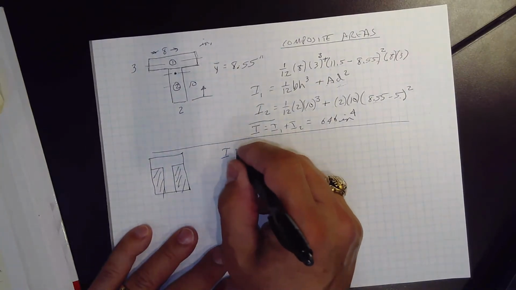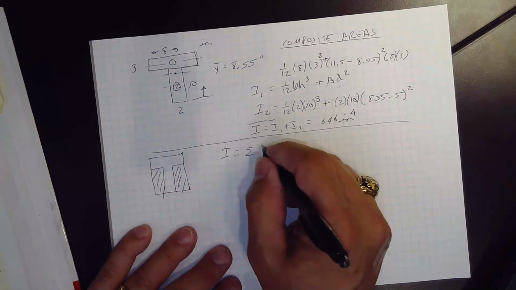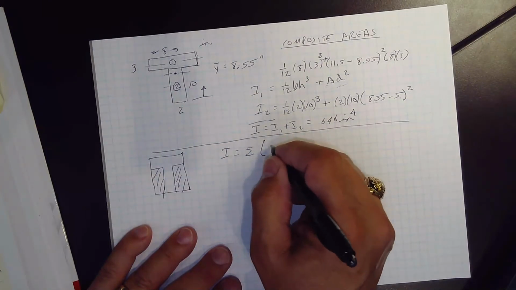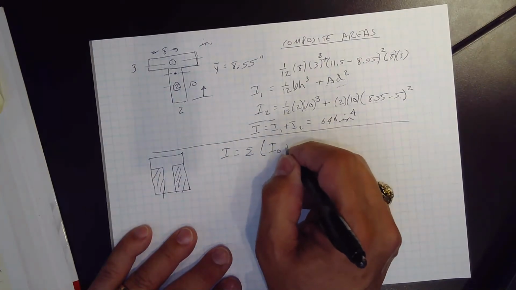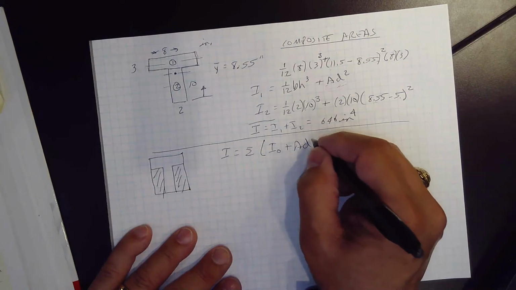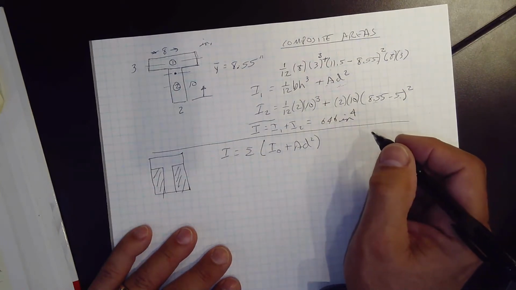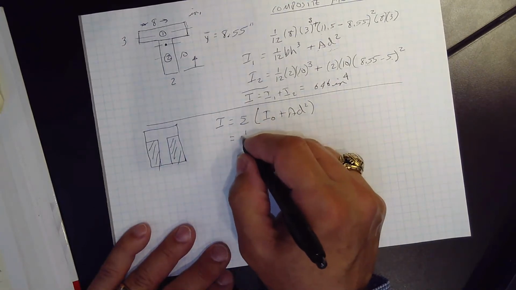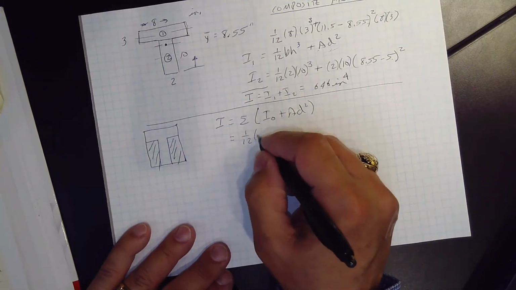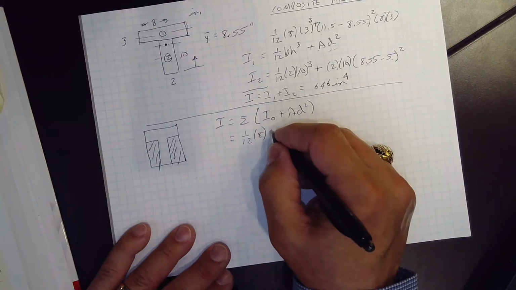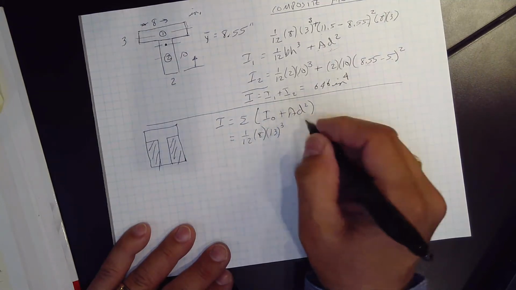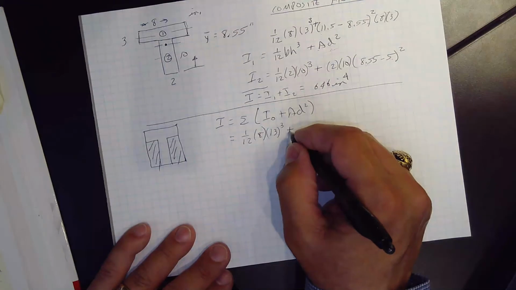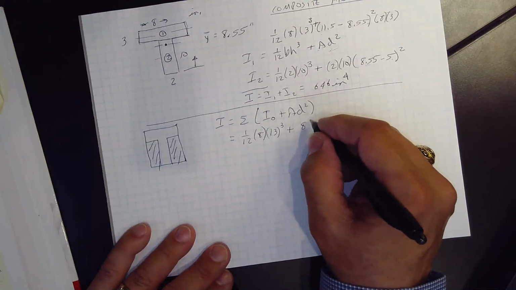So I is equal to the sum of I naught plus AD squared, right? So what are those again? With the first one, it's going to be 1/12 the base, 8, times the height, 13 cubed, right? Plus AD squared, so that's going to be 8 times 13.